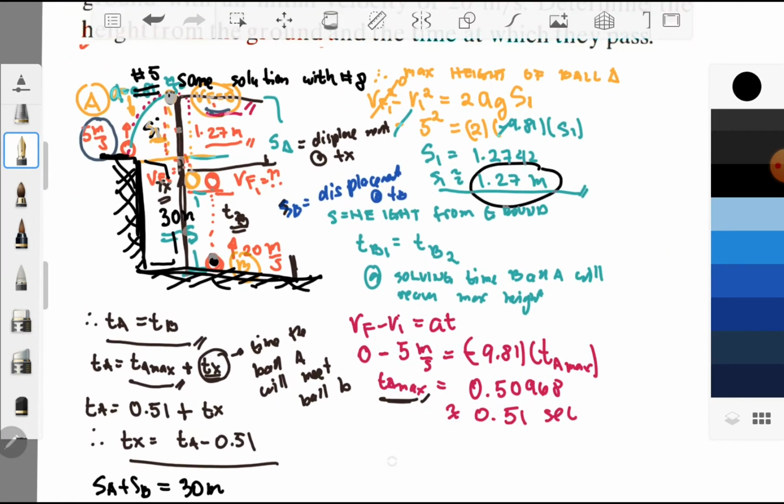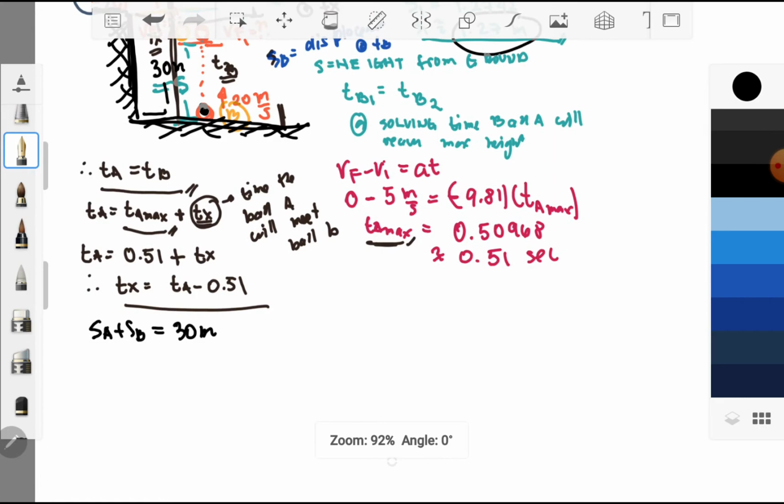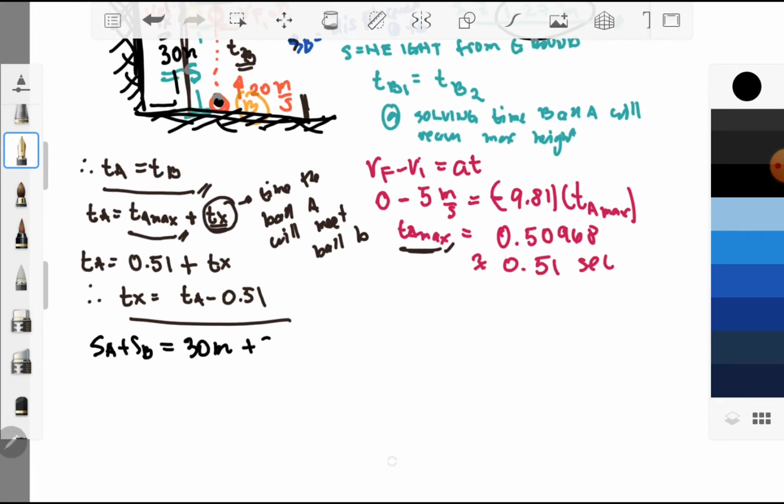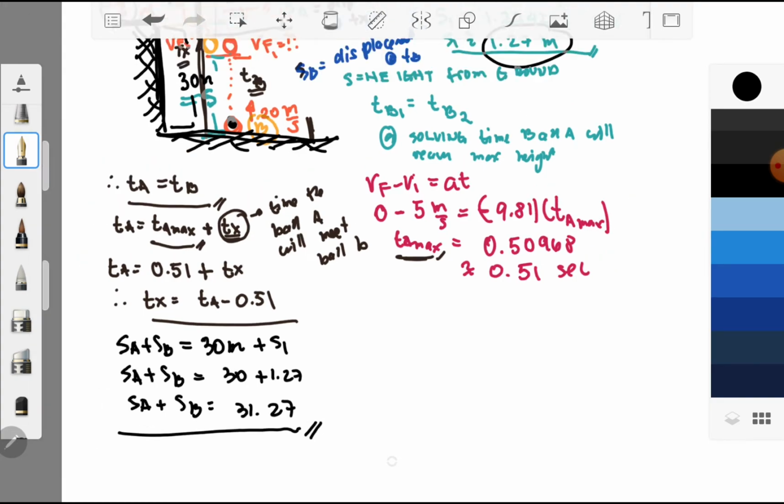Why did I add it? Because my approach to the problem is to get the maximum height of V1, where the velocity is equal to 0, to make the problem easier to attack later on. Okay? So we have 30 plus 1.27 meters, and SA plus SB is equal to 31.27 meters.